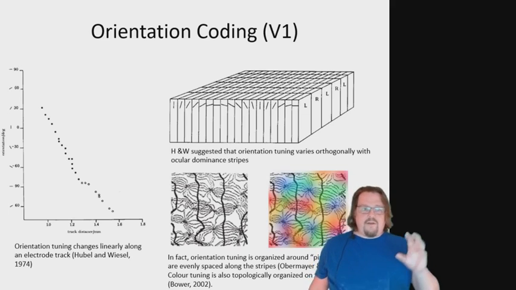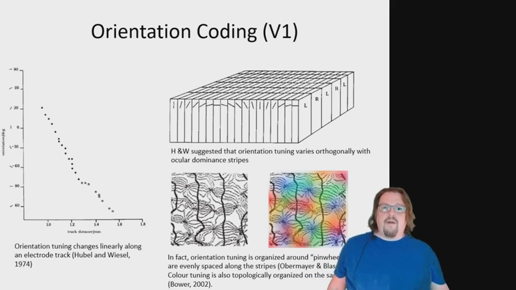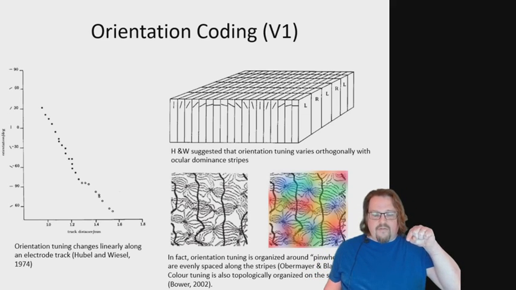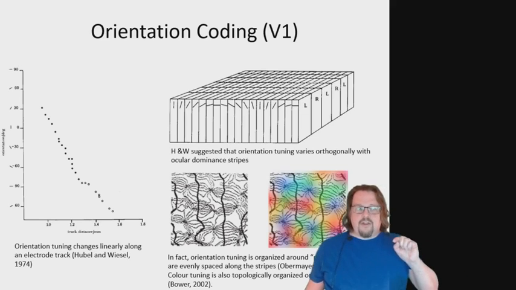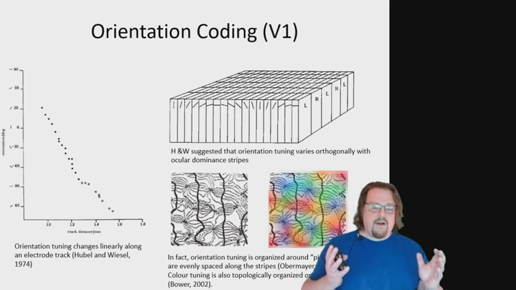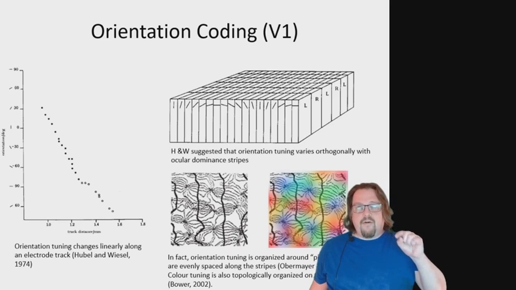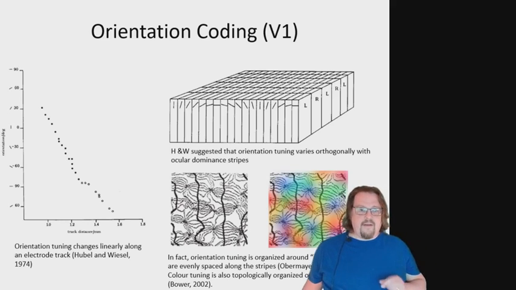And what they observed, and you can see this plotted in the diagram on the left hand side here, is that as their electrode advanced through the cortex, they found that the ocular dominance tuning, represented by black or white circles here, and importantly the orientation tuning of the neurons that they discovered, was gradually and systematically changing as the electrode moved through the brain.